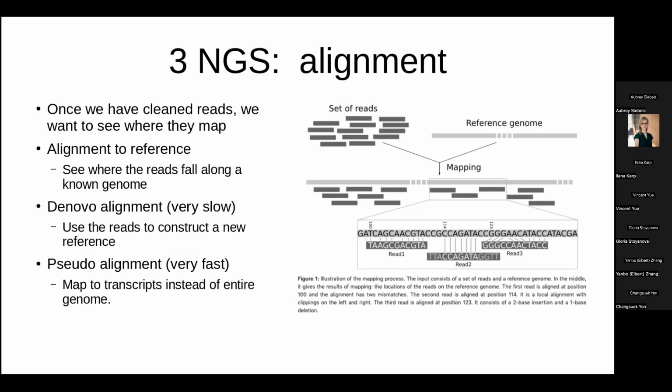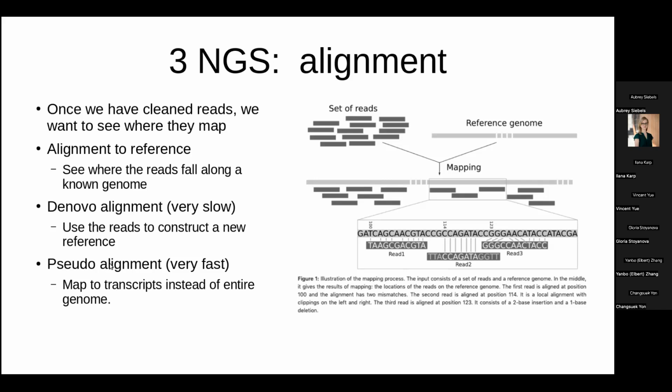It takes a really long time and a lot of computational power to build a reference genome from scratch, so it's generally not done for the large references. But it had to be done at one point, and that's how the actual references we use, like HG38, were built.